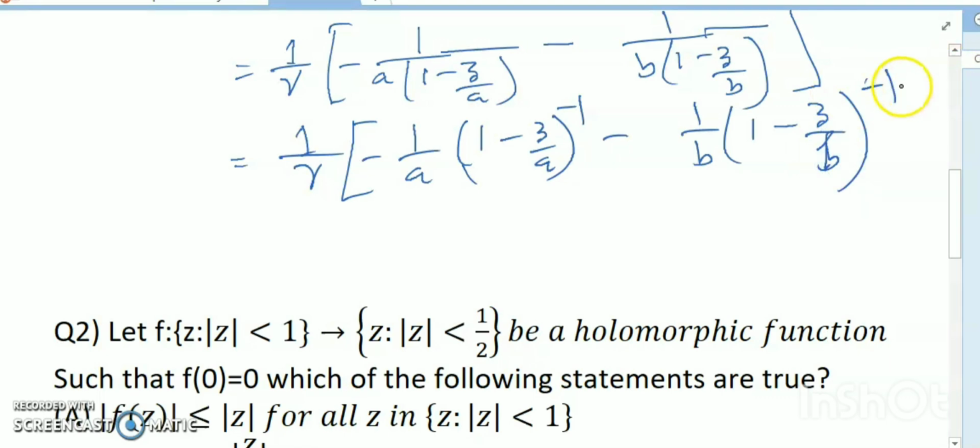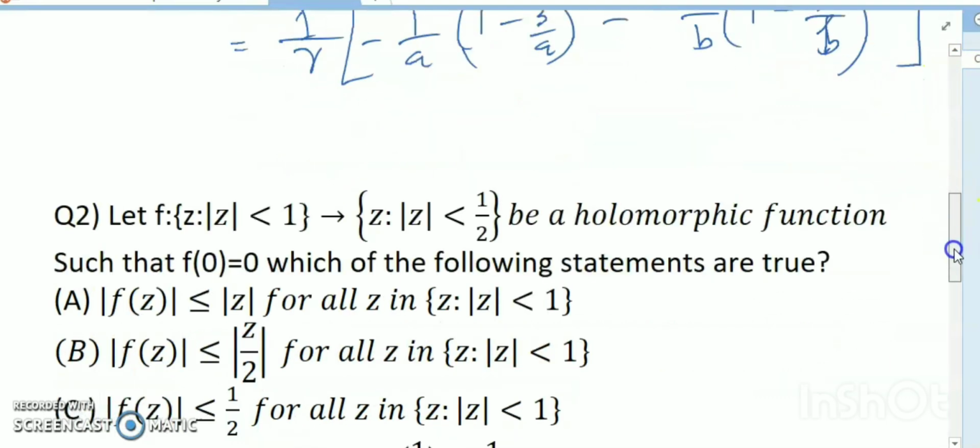Okay, so this is the total you can write, and you can explain this as a Laurent series. How can you write a Laurent series? Because we must remember that |z/a| is less than 1 and |z/b| is less than 1.